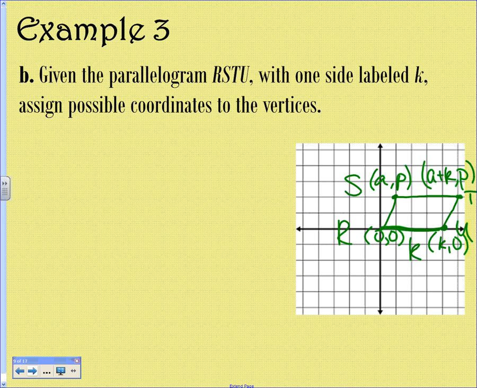A plus K is some number. P is the Y part of it. You went up Y. Because it's the same as P. These two are for this point.